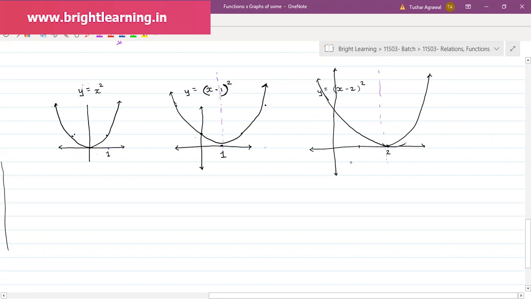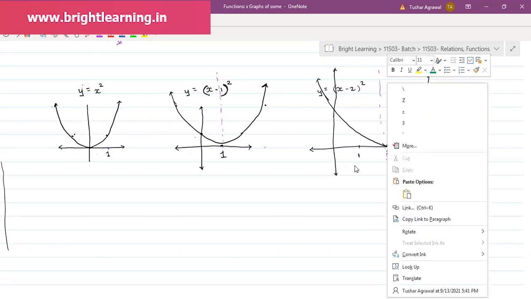Won't it be one above for the x minus 2 whole square? Yes, this is the graph of x minus 2 whole square, the third graph that we have drawn. Even if you substitute x equal to 1, it becomes 1. For x equal to 2, the image is 0.